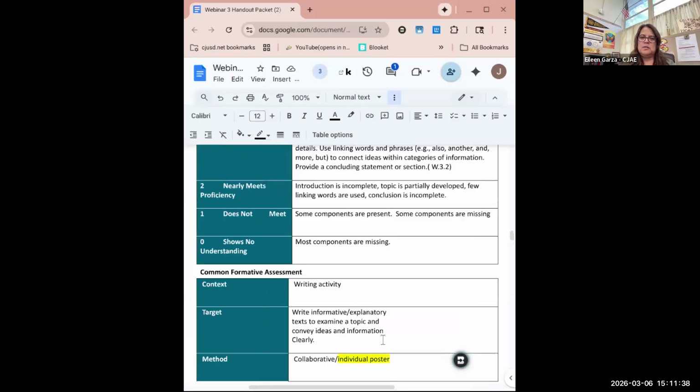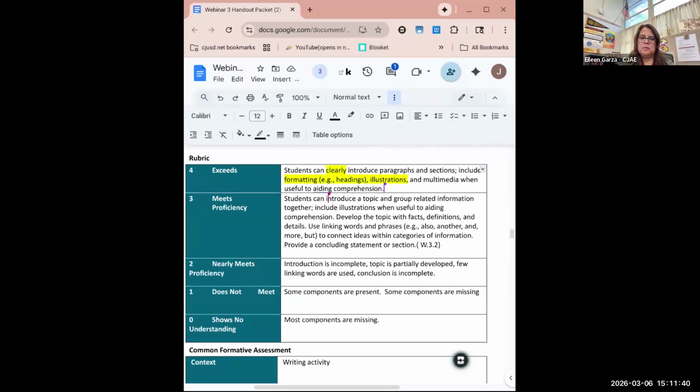And then we moved on to creating the rubric. That's where we went back to the actual standard and took the language from that, so the meets proficiency is the actual standard, and then for exceeds, we went over to the next column to include language from that to be the exceeds level, and then we just adjusted the language down back to 0.